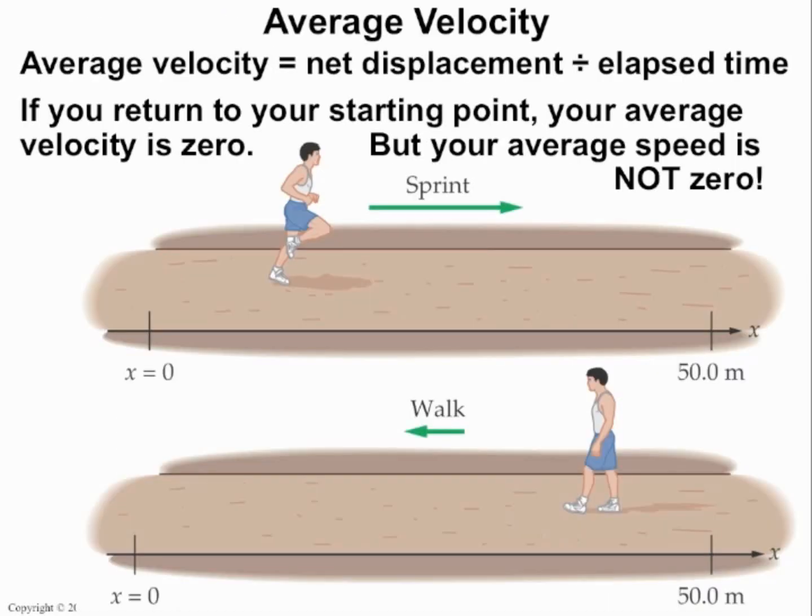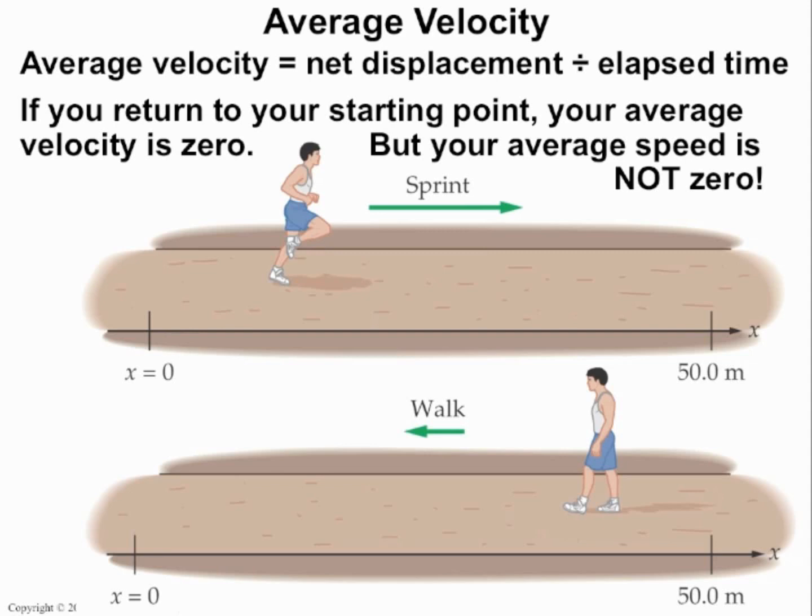Average velocity equals net displacement divided by elapsed time. If you return to your starting point, your average velocity is 0. Let's say that you start at 0, you sprint 50 meters, and then you walk back to that point of origin, the 0. It turns out that your average velocity is 0 because your net displacement is 0.